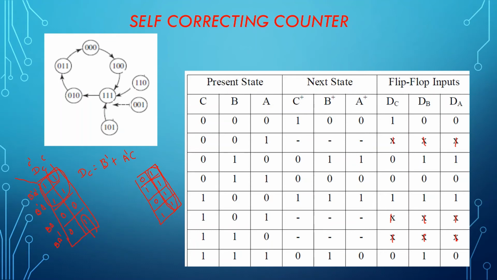Later you can form a pair here and you can form a pair here. So this DB will become C plus this term. This term will be B dash A plus A dash B. So this will be C plus A XORed with B.